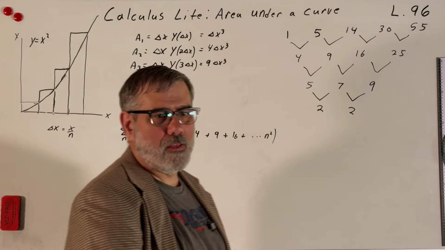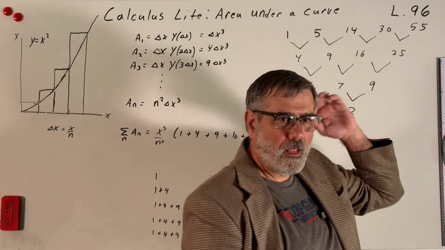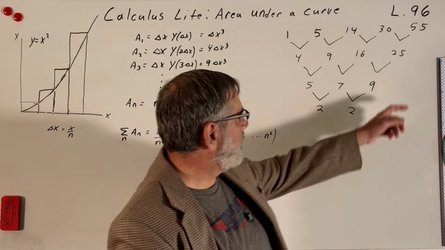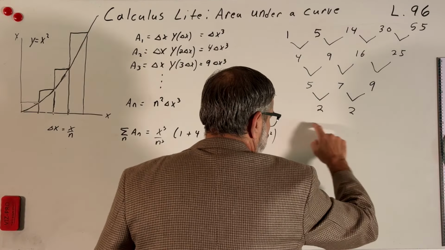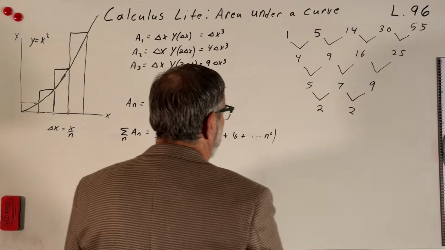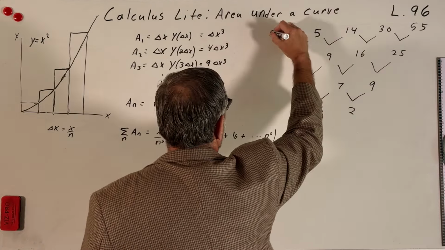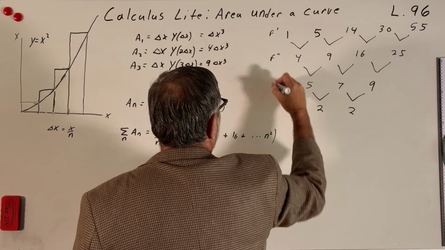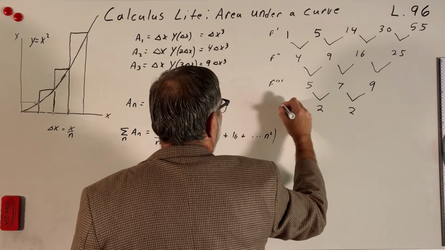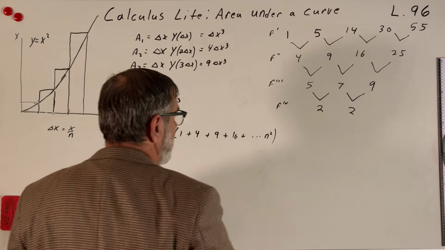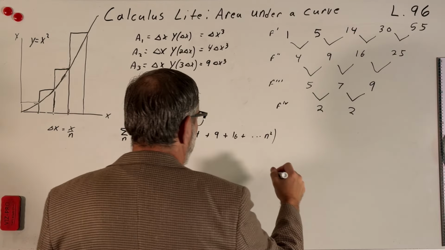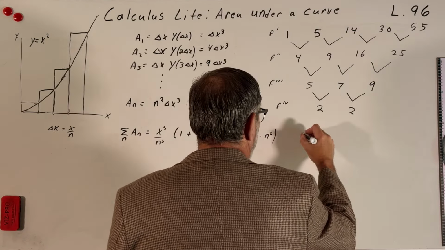If you don't trust it, add another square number in, right? 36 is the next square number. You see that 36 and 55, you can construct another row. But we can see this is going to be constant throughout. So now we have all of the things that we need. We need f prime, f double prime, f triple prime, and f to the 4. And so you would construct a formula.